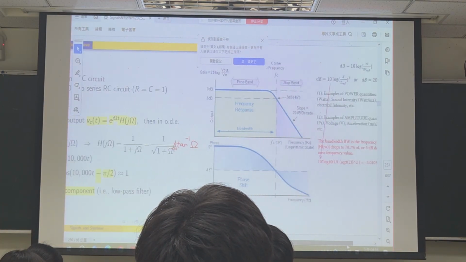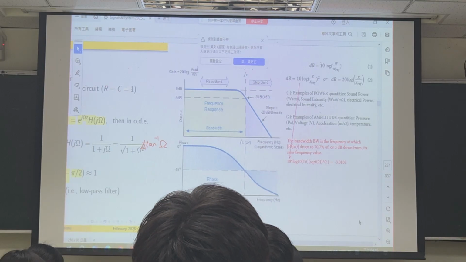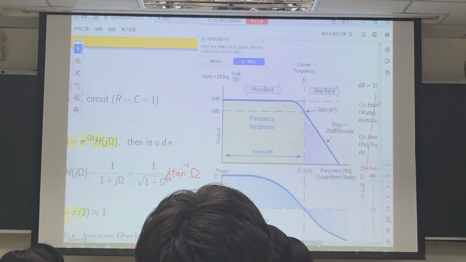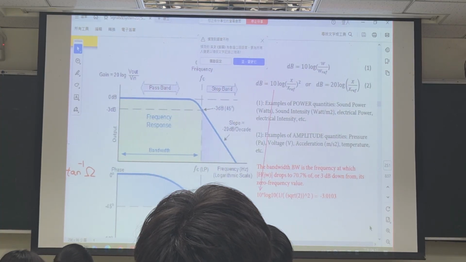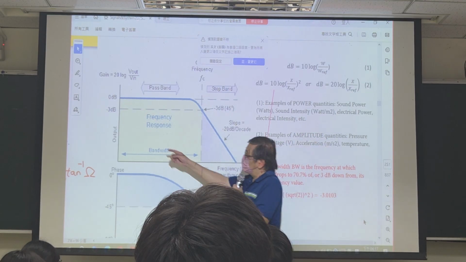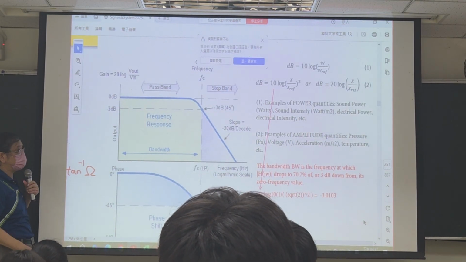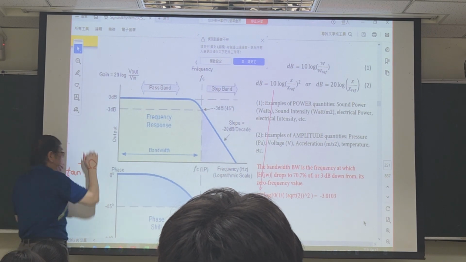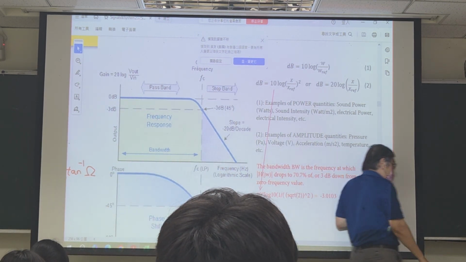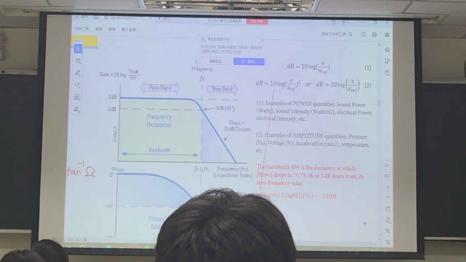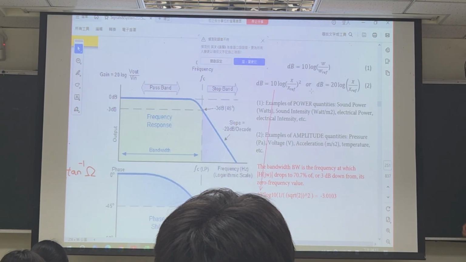bandwidth. Okay, or by the way, dB. This plot, the magnitude of the transfer function, is in terms of dB. The unit is dB. Okay, what is the dB? There are two definitions here.